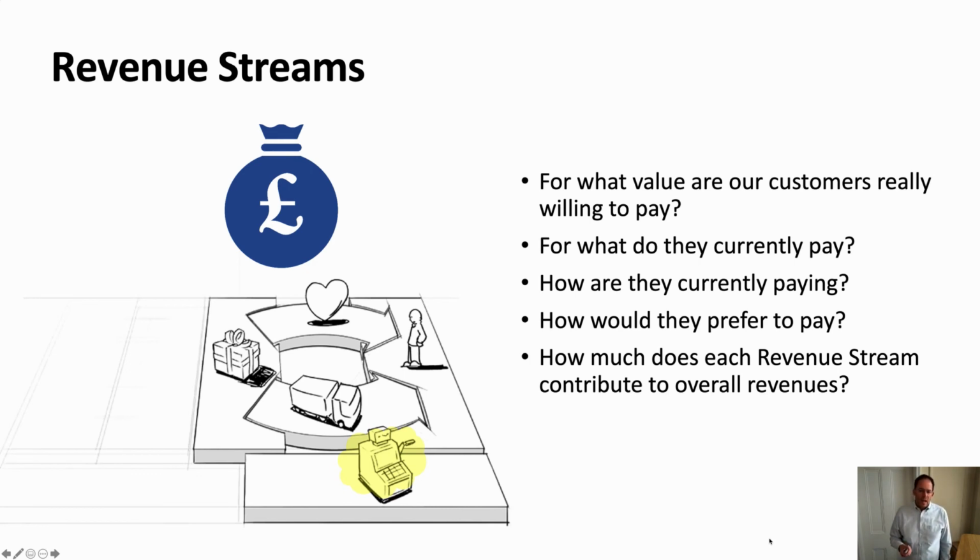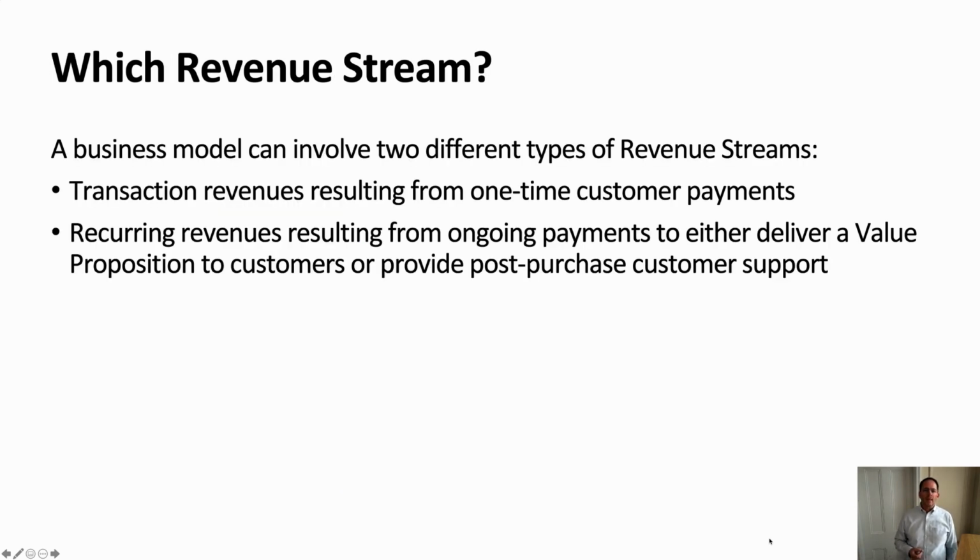So in here, what are your customers paying? What's the method that they are using? Ask questions about this as you consider this. If it's a product sale, or is it a rental? Are they leasing? Are they subscribing? Identify how your revenue is going to come in from your customers. Because there's different types of revenue streams.